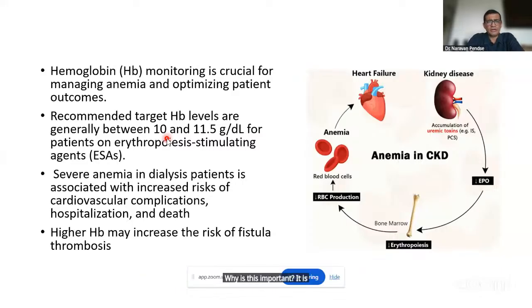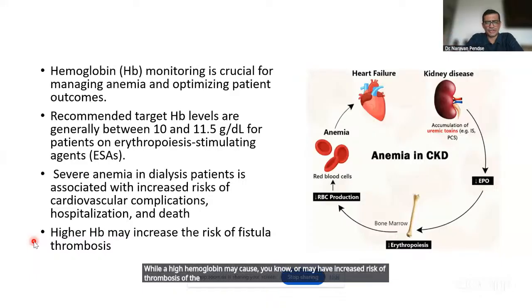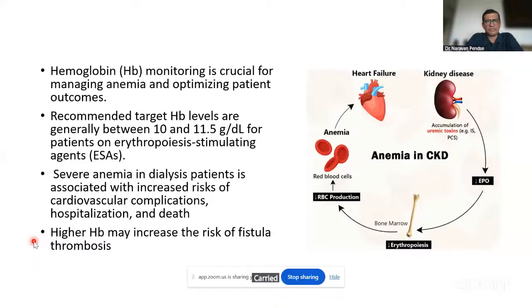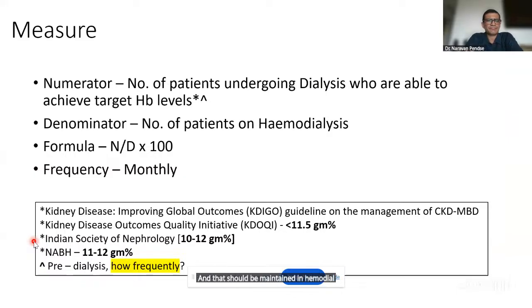Because if the patients are chronically and severely anemic, then there is increased risk of cardiovascular complications, hospitalizations, and even death. While a high hemoglobin may have increased risk of thrombosis of the arteriovenous fistula, which is carried out. So that's why this target range is defined very clearly, and that should be maintained in hemodialysis patients.